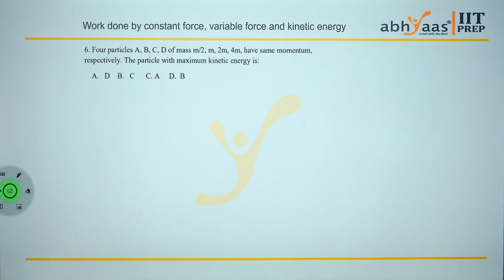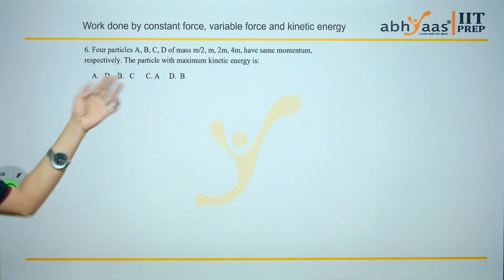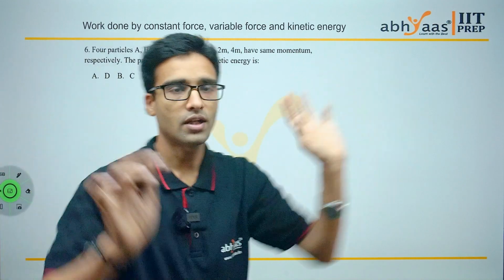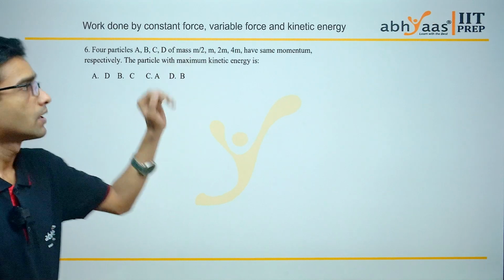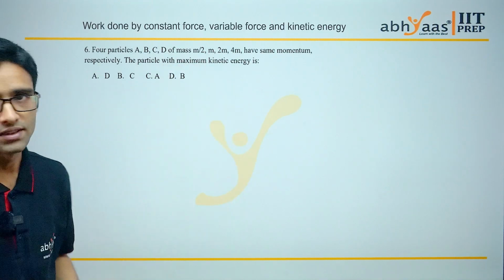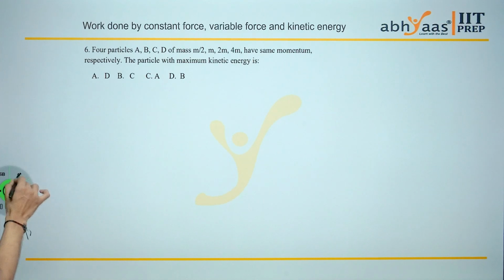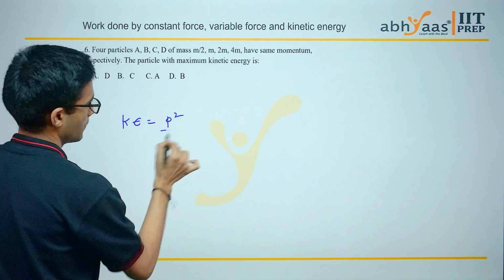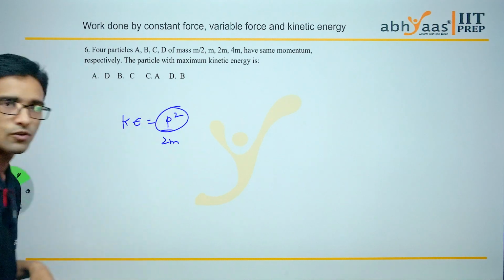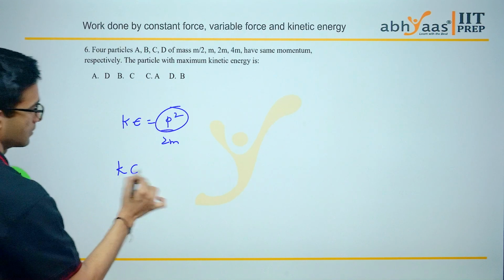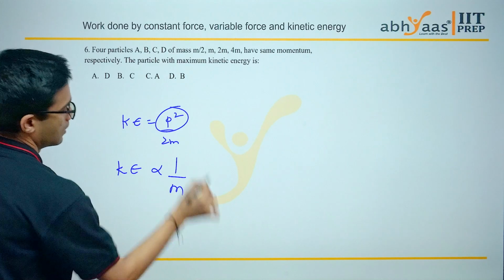Yeah. Next one. Here we have to calculate kinetic energy. Here 4 masses are there: M by 2, M, 2M, 4M, having the same momentum respectively. Which particle has maximum kinetic energy? Here he is only telling same momentum. Again the same formula, KE is equal to p square by 2m, but momentum is the same for all. Then again KE is inversely proportional to mass.